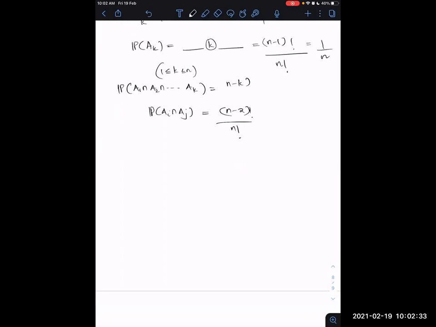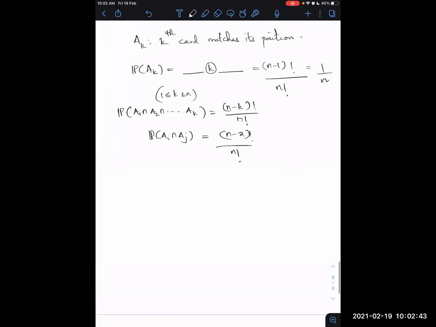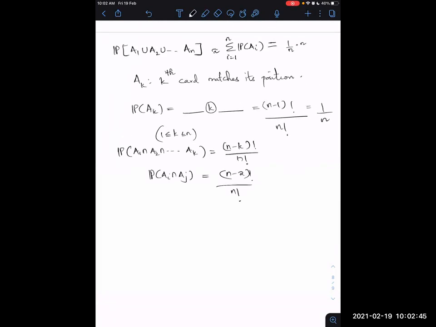So just applying it for k, fixing k positions and permuting the other positions, you'll get this formula. All right. Now let's plug it back into the formula, right? So here we got the first term. We need this probability that A_i intersect A_j, i less than j.